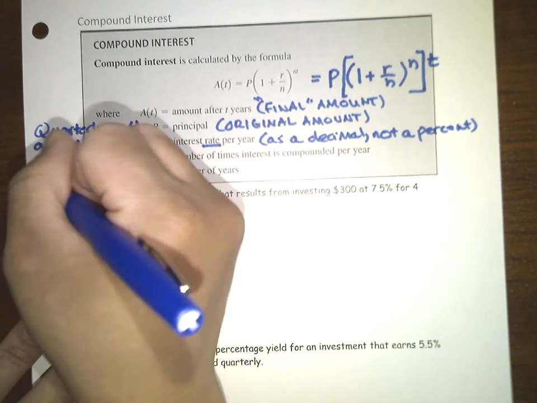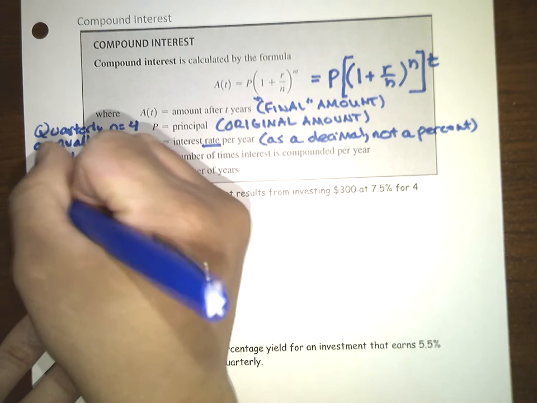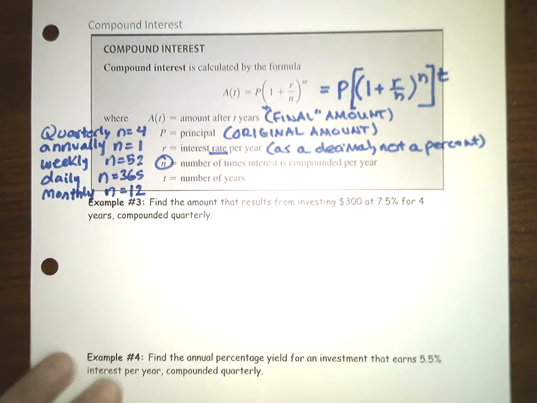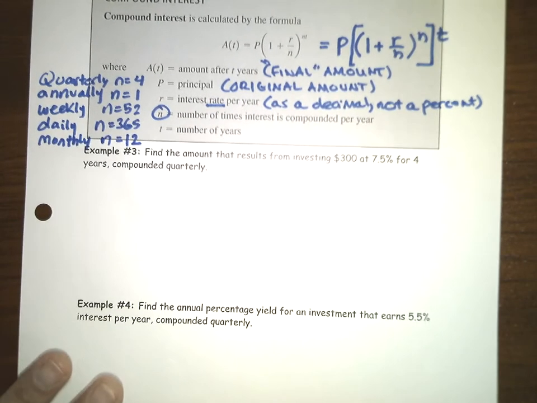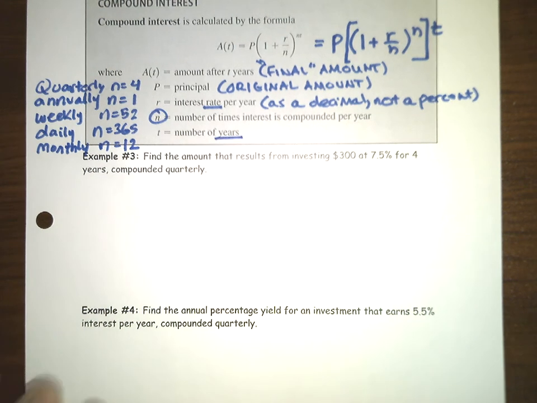If n is daily, then that would be 365, or say monthly, then 12. So those are some examples of what n could be. So that when I say number of times interest is compounded per year, that's what I mean. And then t is number of years. Make sure that's years, all right, and not like months or like every 2 years or other things that they might trick you with in normal types of problems.